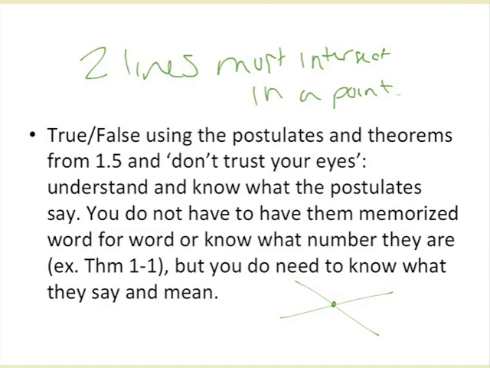So this theorem tells us if they intersect in a point. But not every two lines are actually going to intersect each other. Okay? So if two lines intersect, they meet in a point, but two lines must intersect in a point doesn't necessarily have to be true. Be careful with words like must or always or never.